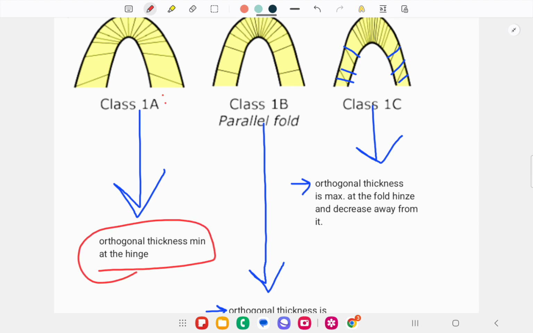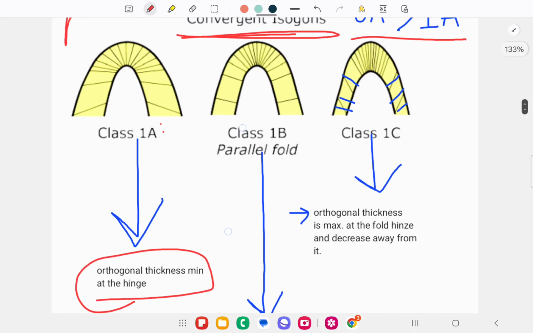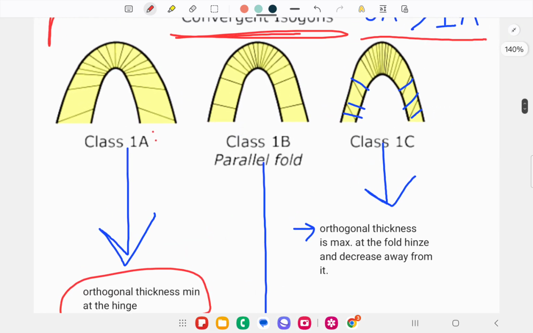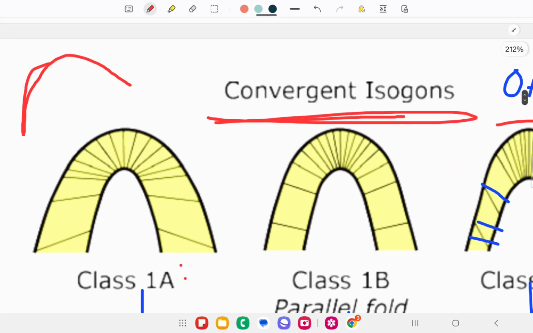When we see class 1A, one main point to remember is that the orthogonal thickness is minimum at the hinge. The thickness increases while moving outside.